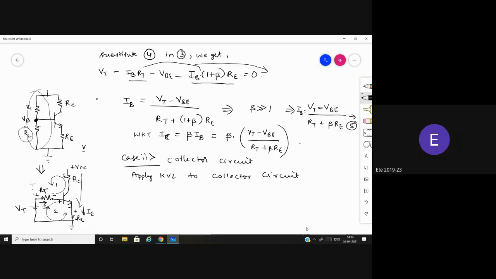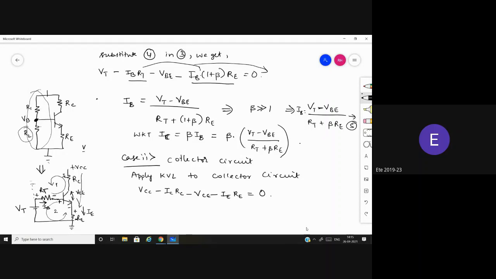The current across this is IC and the voltage between these two is VCE. So we get VCC minus ICRC minus VCE minus IERE is equal to 0.